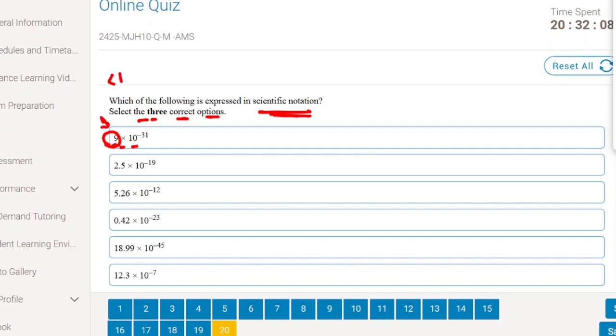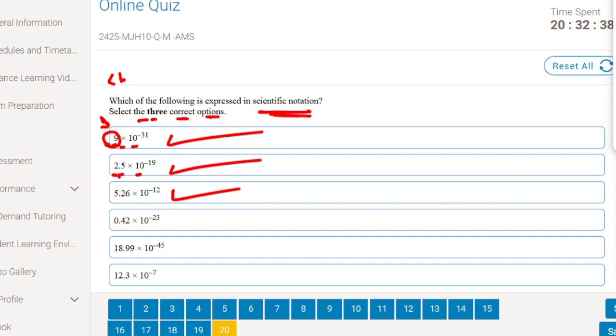If it's less than 10, this is considered a scientific notation. 2.5 multiplied by 10 to the power of minus 19. This is a scientific notation. We have a decimal point, the number here is less than 10, and at the same time it's 10 to the power of something. 5.26 multiplied by 10 to the power of minus 12, scientific notation.